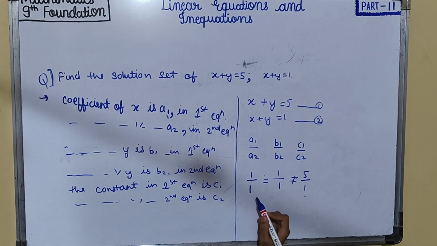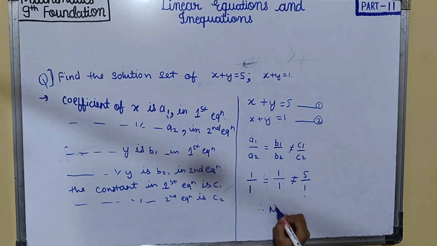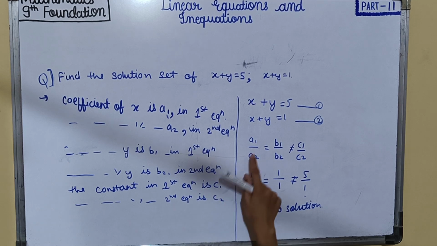So we have learned that this is the second condition, that is, no solution. In the no solution condition, a1 upon a2 is equal to b1 upon b2, but that is not equal to c1 upon c2. I hope you have understood this question and what a1, a2, b1, b2, c1, c2 are.